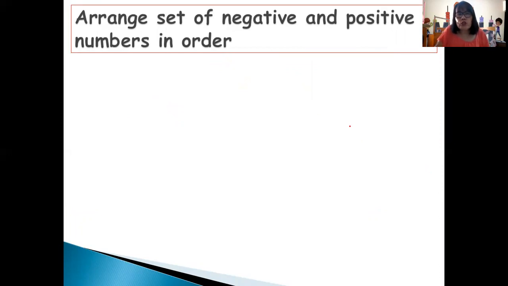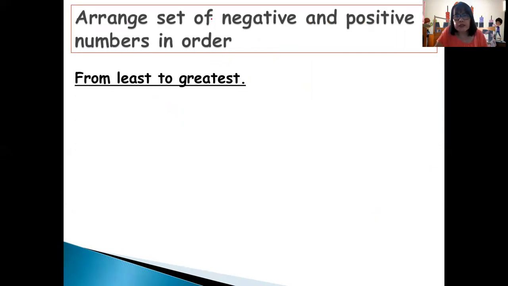Okay, would you mind arranging this set of negative and positive numbers in order? Let's start from the least to the greatest. So as I told you a while ago, always when from the least, meaning from the smallest, you have to take first all negative numbers, okay? Because we are completing the number line.